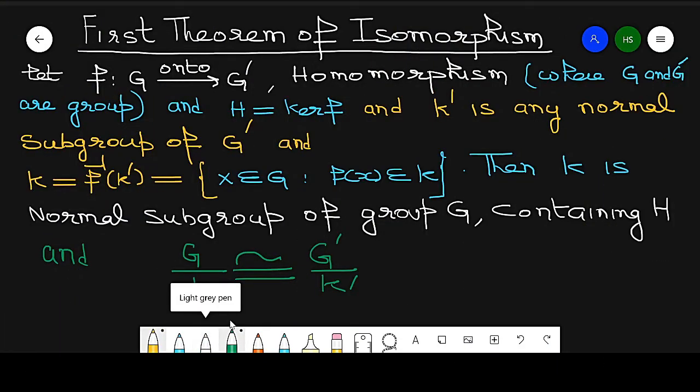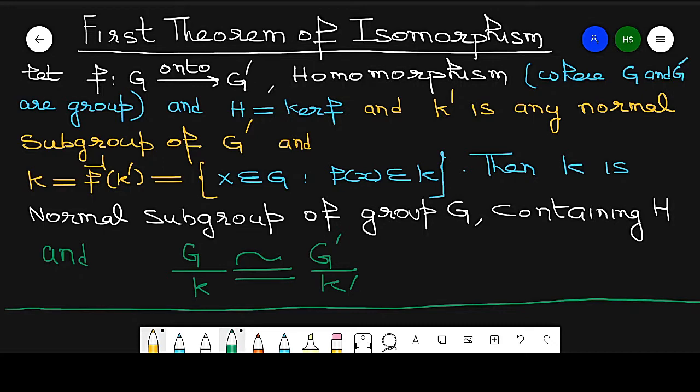First theorem of isomorphism. So what is the statement of the first theorem of isomorphism? Let f from G to G dash, where G and G dash are groups, be a homomorphism and onto mapping, and H is the kernel of f, and K dash is any normal subgroup of group G dash.